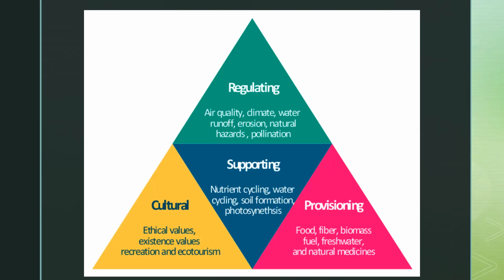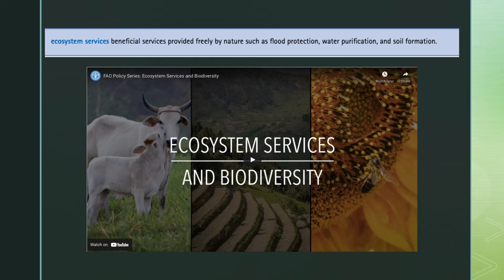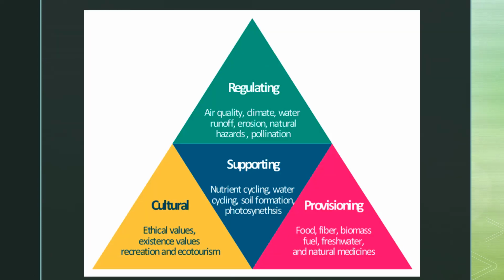So ecosystem services is a really big idea, but essentially, just like this last slide says, it's the beneficial services provided freely by nature. And this can be broken down into 4 component parts. So the value of ecosystem services is first cultural. So the way in which we interact with the earth, the way in which the earth provides for us, we find value just in its existence, but we often tie our ethical, moral belief systems to our relationship with the earth.